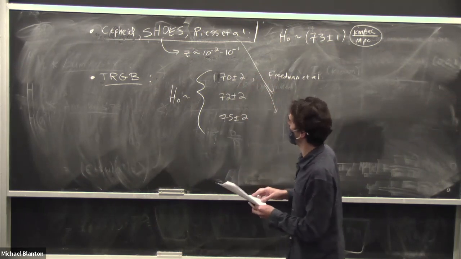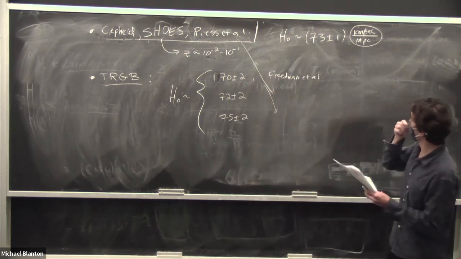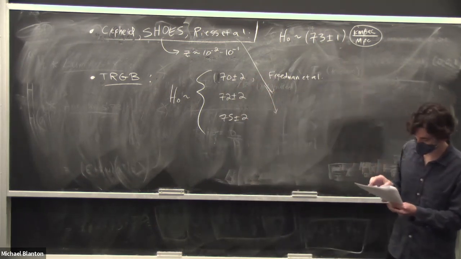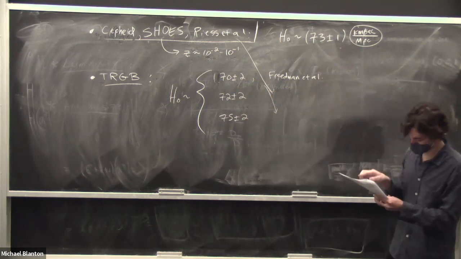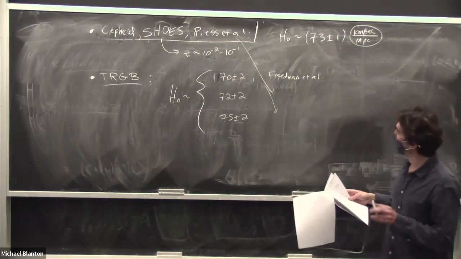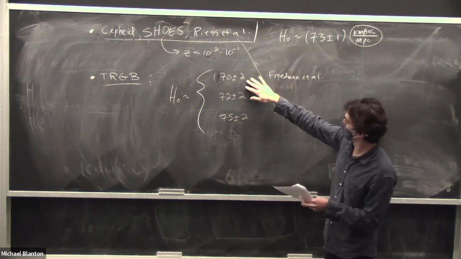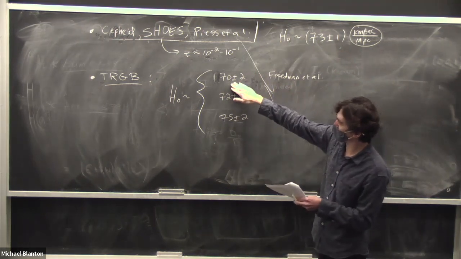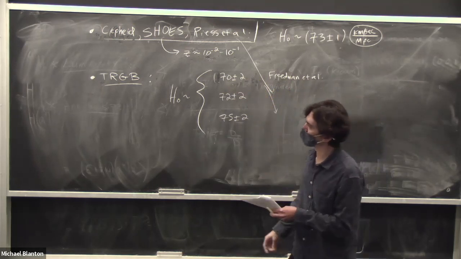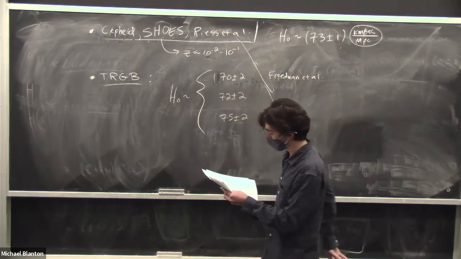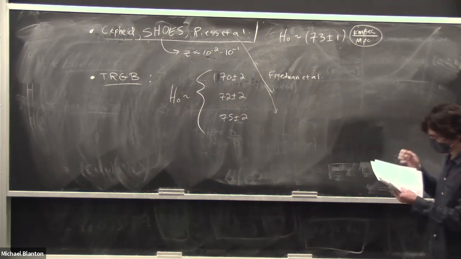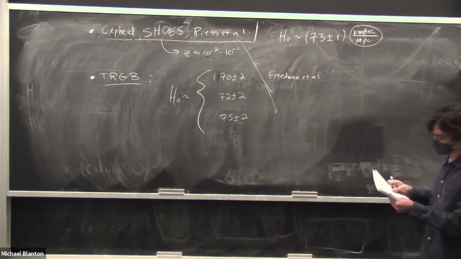There is obviously some systematic in here. The basic statement is that these measurements, perhaps this one, which sits in the middle between the early universe and the Riess value, are kind of agreeing with larger values of H naught.